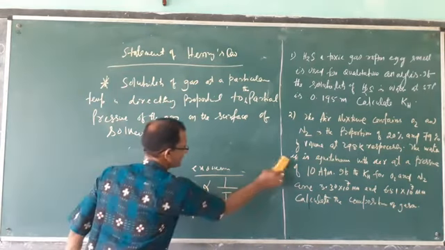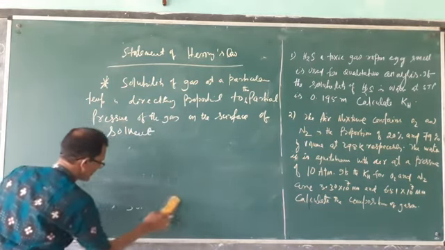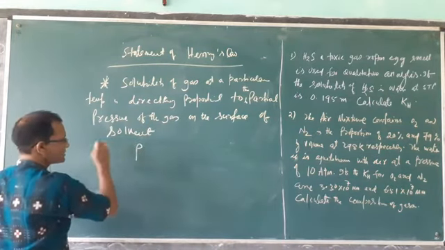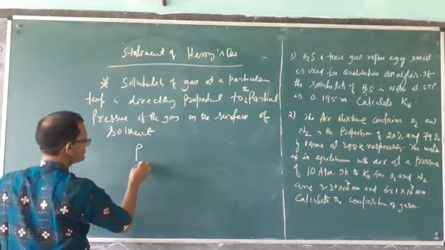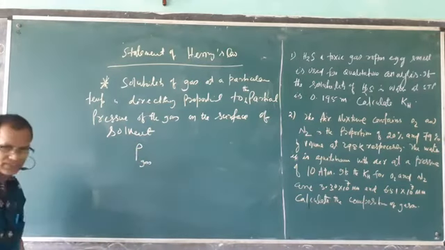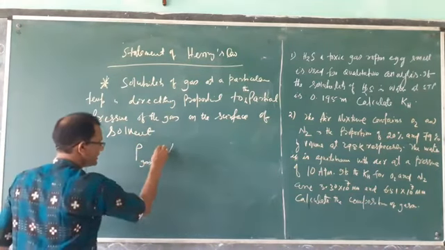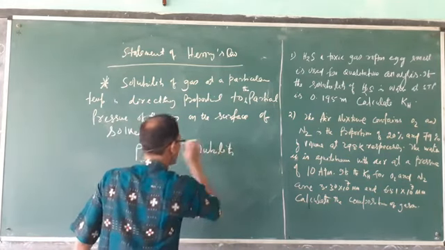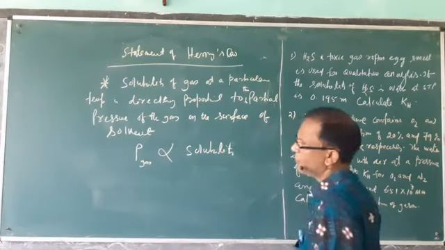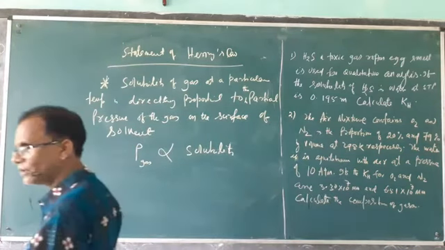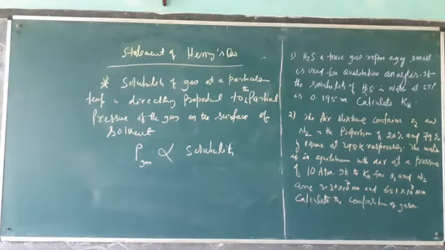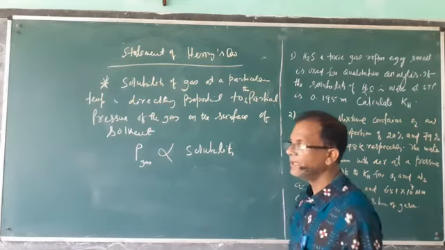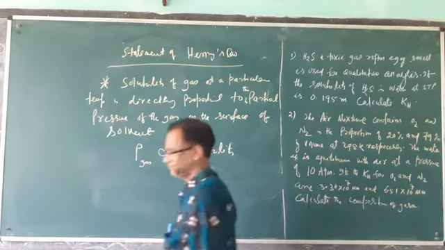So mathematically this statement can be written as: partial pressure of the gas, the pressure of the vapor, is directly proportional to solubility. Clear? But we know in solution, the concentration, that solubility can be expressed in terms of mole fraction.